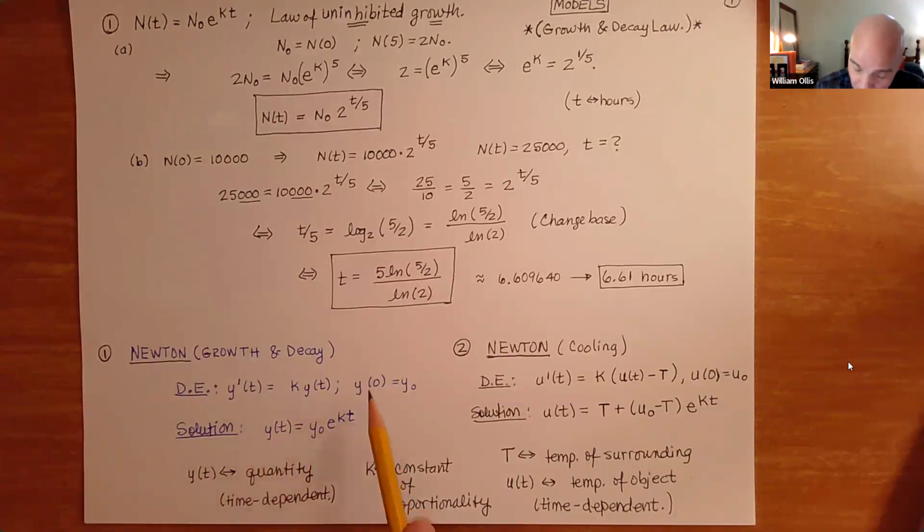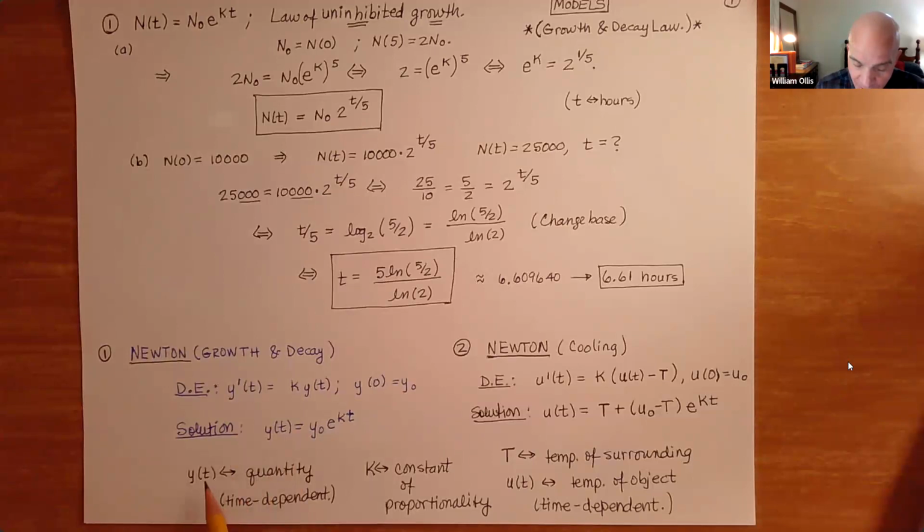Now, one thing that's interesting here is this equality we have here. What we're saying is initially at time zero, the quantity available can be expressed as y sub zero. That's just a notation, symbolic representation of the initial quantity.